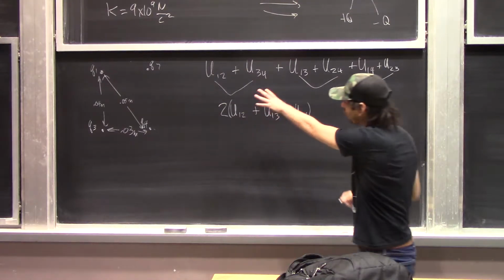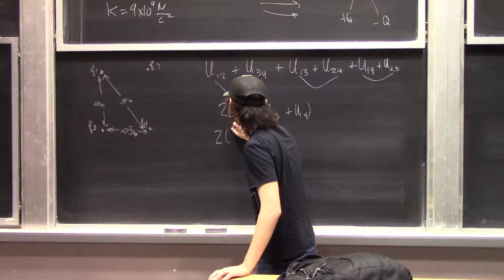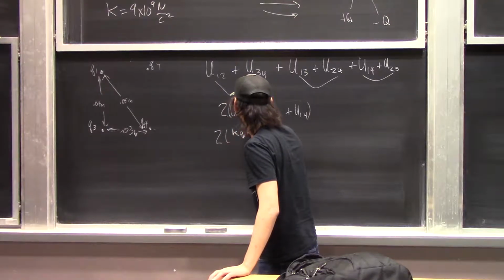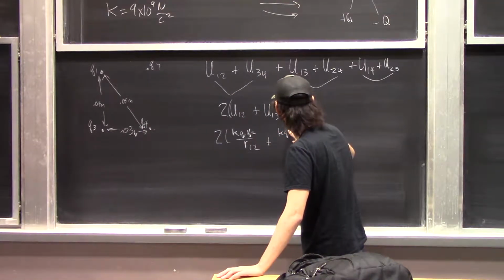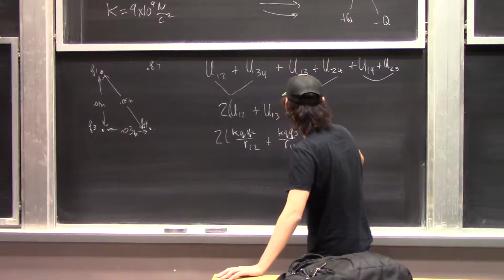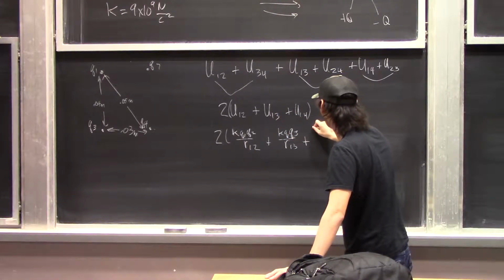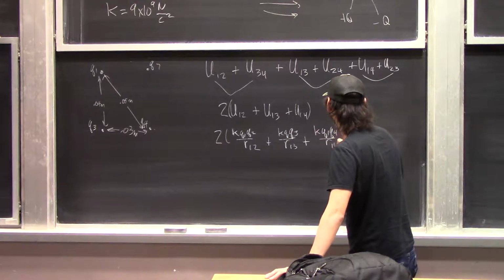So if we plug the appropriate things in here, what we're going to see is this is going to be 2 times K Q1 Q2 over, let's call this R12, plus K Q1 Q3 divided by R13, plus K Q1 Q4 divided by R14.